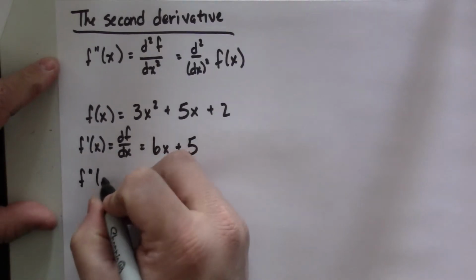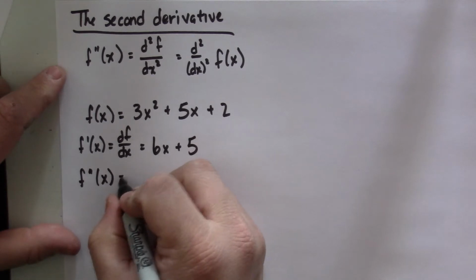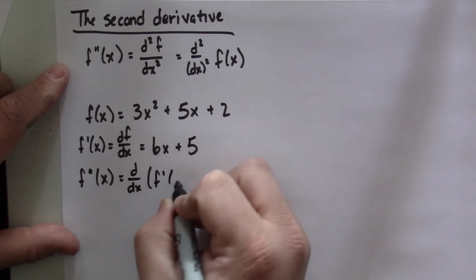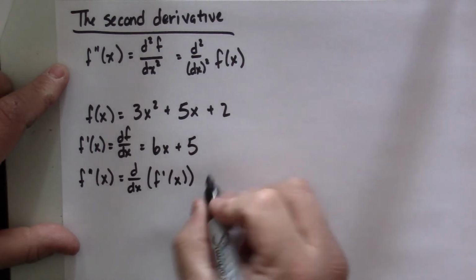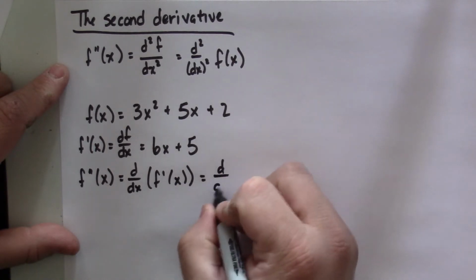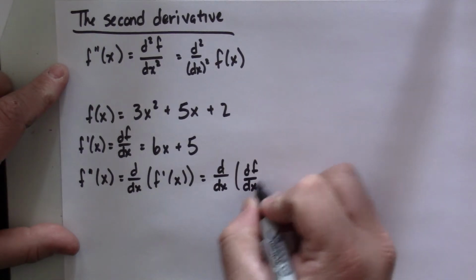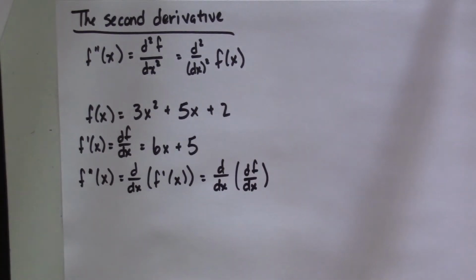f double prime of x is really just the derivative of f prime of x, or the derivative of the derivative. All of those things mean the same thing.